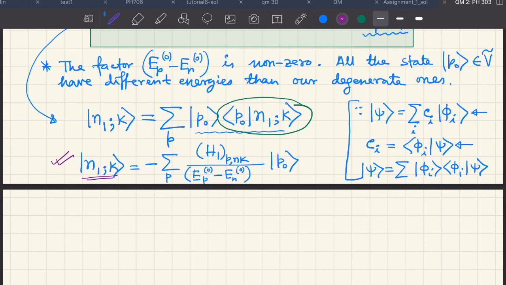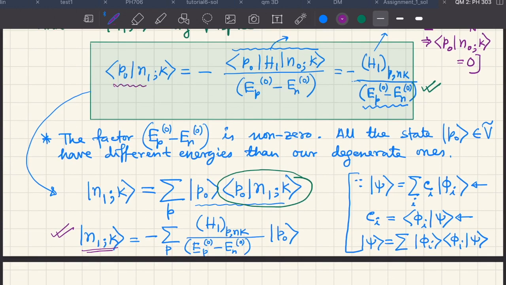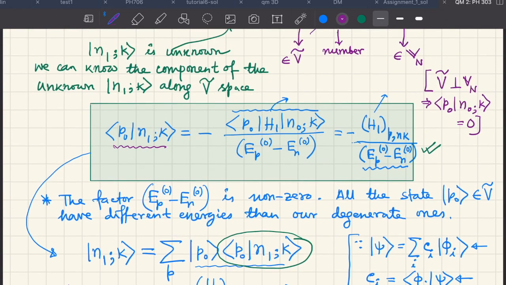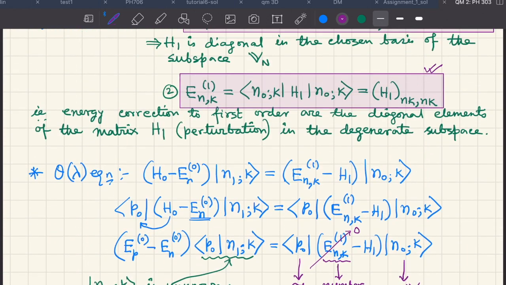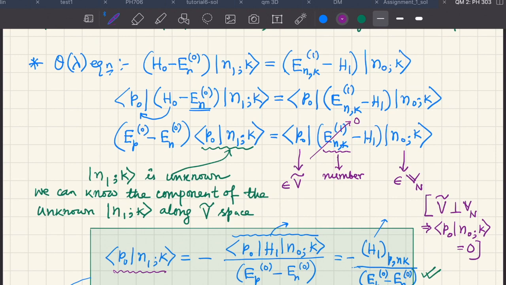Why is that? This is because we took the inner product of P naught with N1K, and this tells us how much of N1K is there along P naught. That's what I have written here somewhere. Where did I write? Yes. This actually tells us that how much of N1K is along the V tilde space, or more precisely along P naught. That's what this quantity gives us.